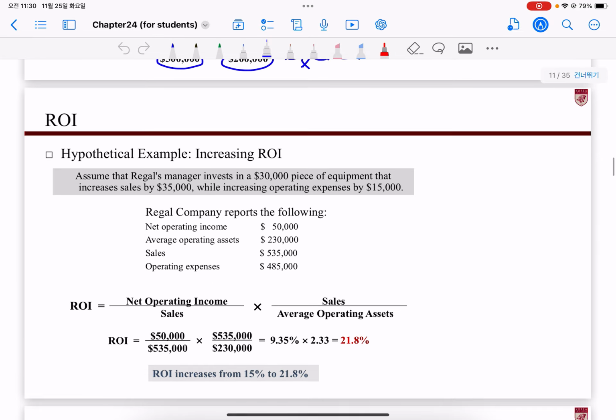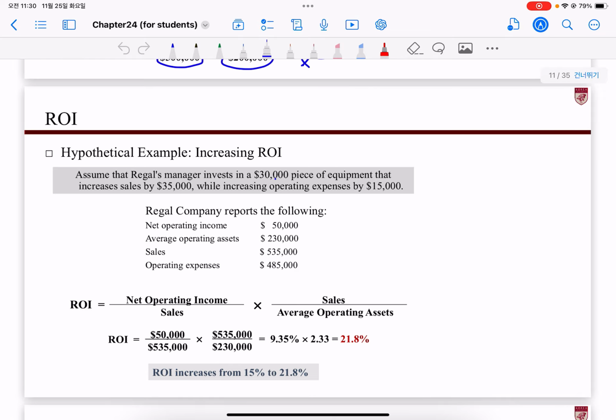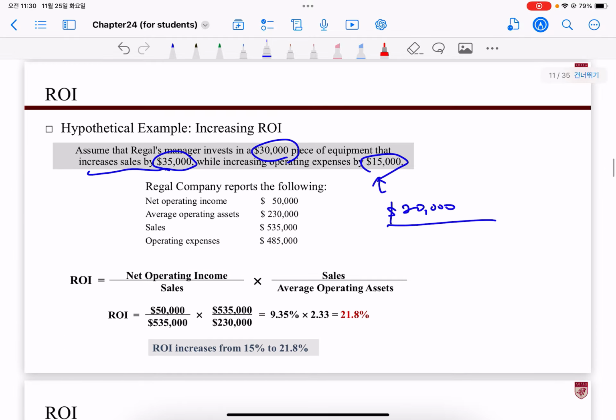Now let's say the Regal manager invests in a certain piece of equipment, $30,000. That can increase sales by $35,000, and it will also increase the expense by $15,000. So the increase in operating income will be $20,000. Now you can see an adjusted ROI. Let's break it down into the DuPont analysis.